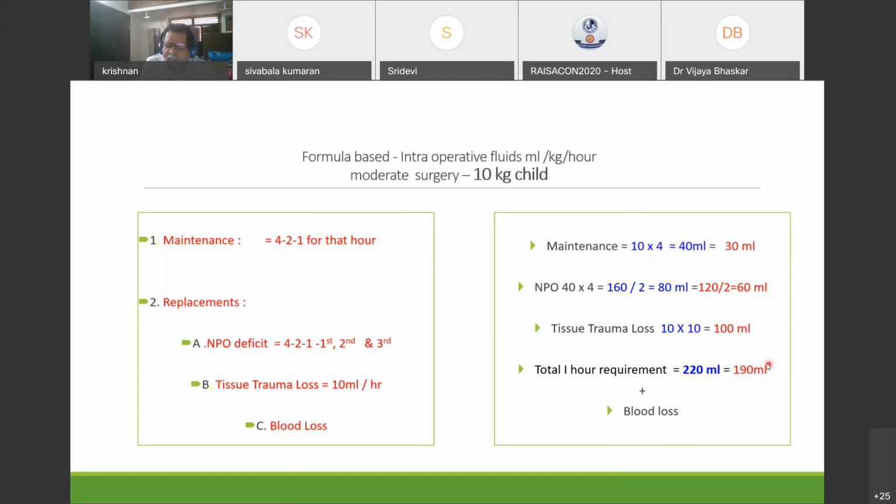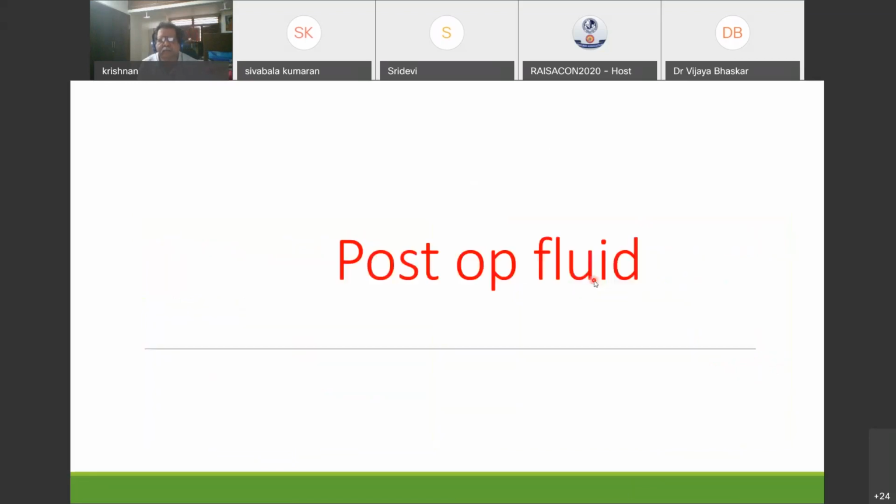So my patient requires for a surgery 190 ml for the first hour. If I'm going to have a blood loss, I'm going to replace blood loss with blood. Okay. So it is going to be 190 ml for a 10 kg child for the first hour. That is about how we go for intraoperative period.